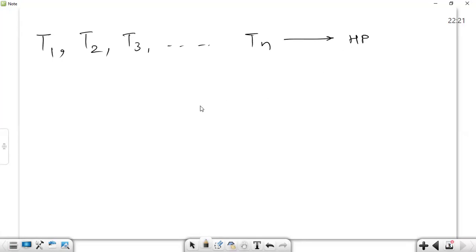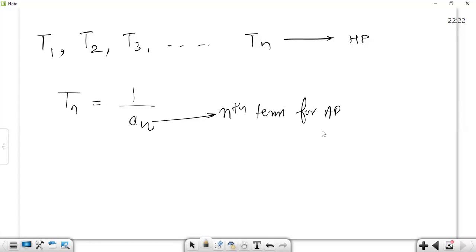Now, how can we find the nth term of any sequence that is in HP? For finding the nth term of HP, we'll simply find the nth term of AP and we'll reciprocate. The nth term for AP, we'll find it, and the reciprocal of the same will be the nth term for harmonic progression. As simple as that.